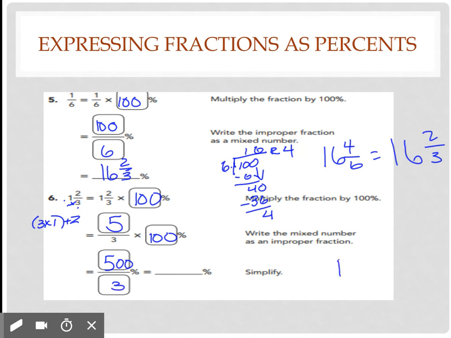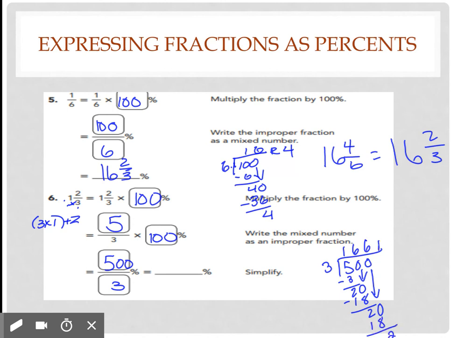And let's turn that back into a mixed number by doing our long division. 3 goes into 5 one time. I subtract, I get 2. Bring down the 0, 3 goes into 20 6 times. I get 18. Again, bring down that 0. 3 goes into 20, of course, 6 times again.